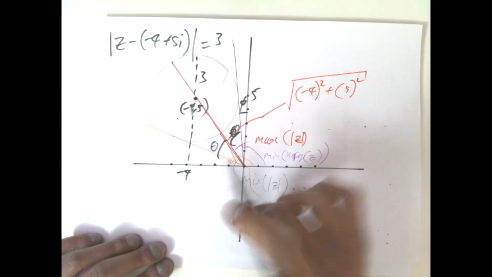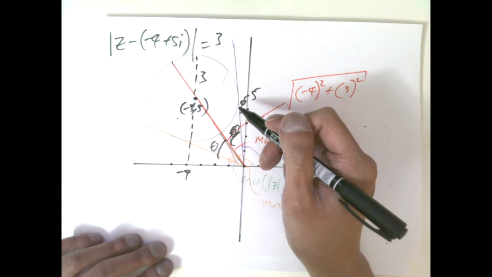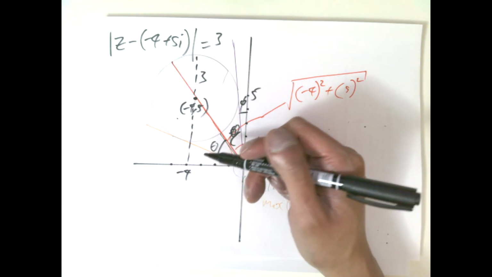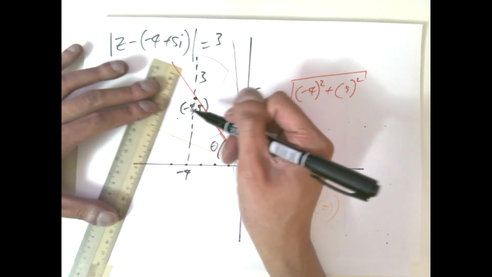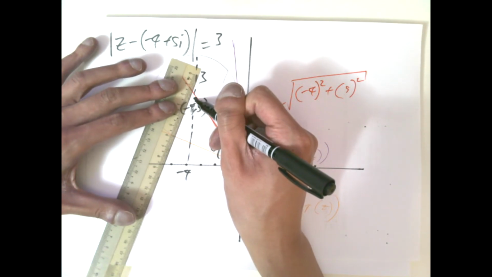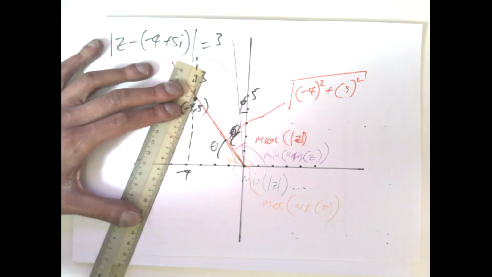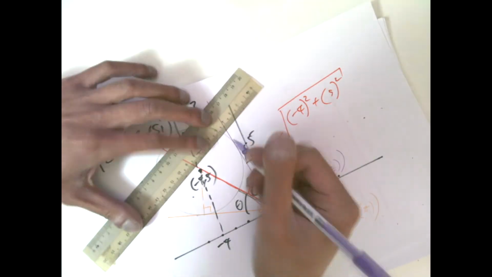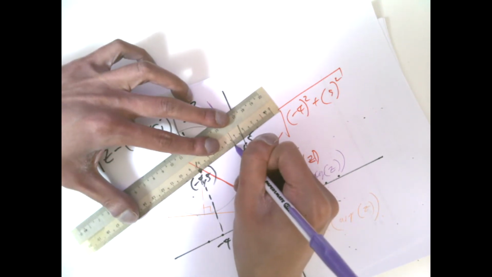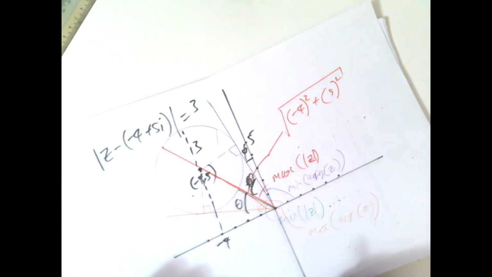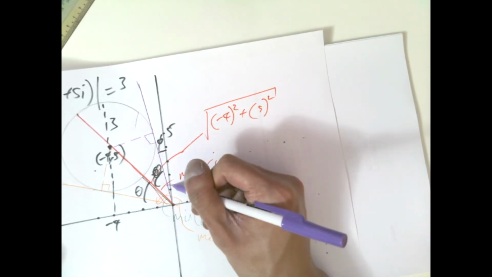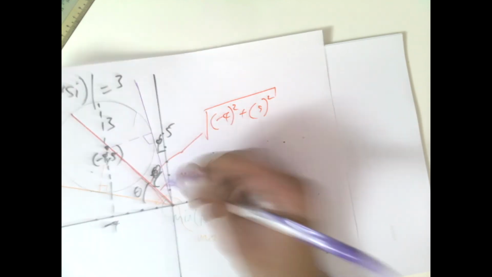These two thetas must be the same because this purple line and the orange line are both tangential to the circle, and because they are tangential to the circle, these lines must be perpendicular to the radius. Therefore, the minimum argument of z is immediately going to be some sort of pi on 2 plus this phi.